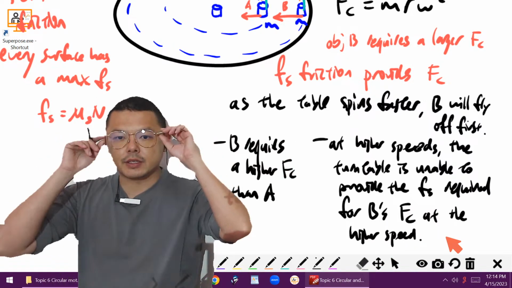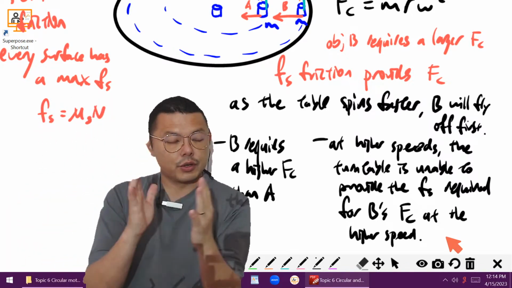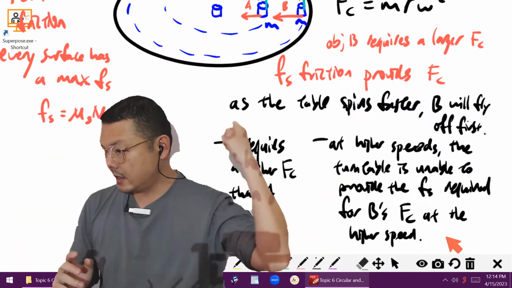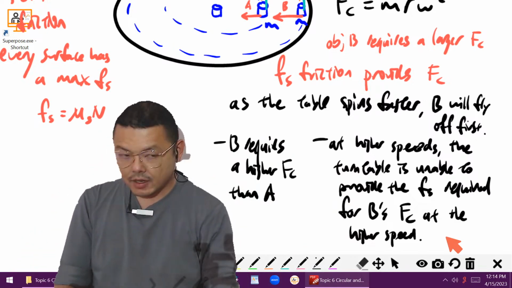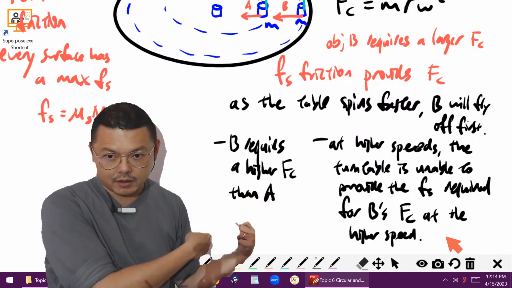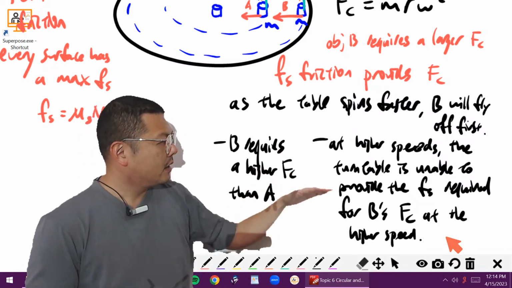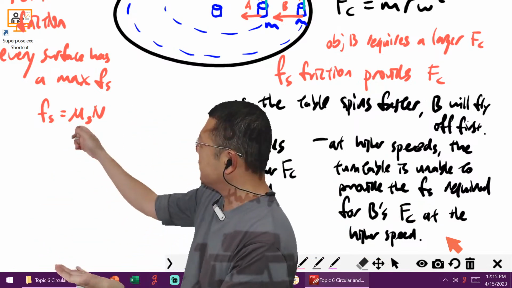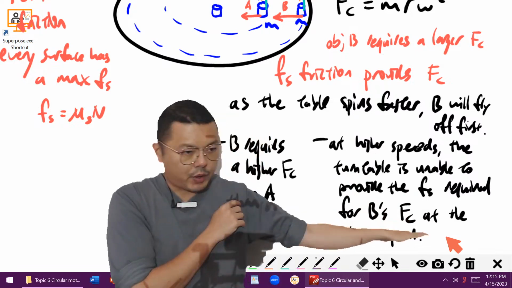That's what I'm trying to say. So you've got to understand the logic. If you want B to go around faster, B will need more centripetal force. Of the two, B already requires more centripetal force than A. So at a certain high enough speed, the maximum static friction that the surface can provide is not enough for B's required FC.